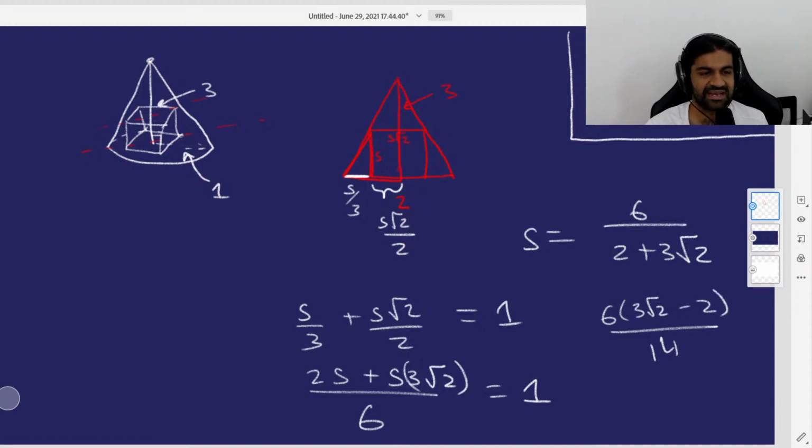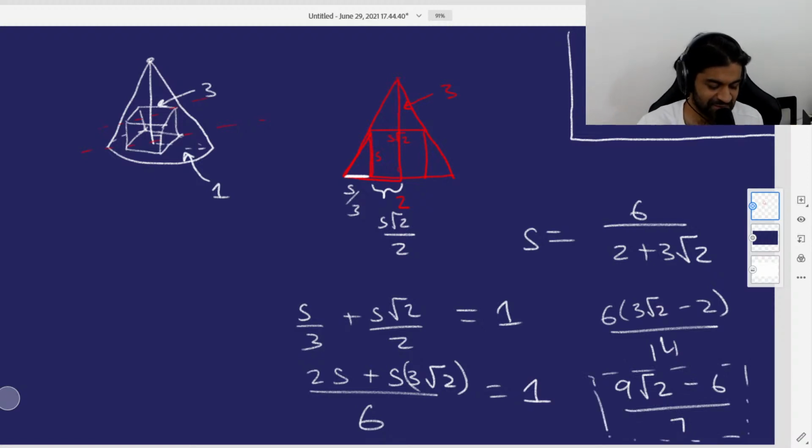And so the 2's cancel. And so the final answer, if you choose to rationalize the denominator, is going to be 9 root 2 minus 6 over 7 for s.